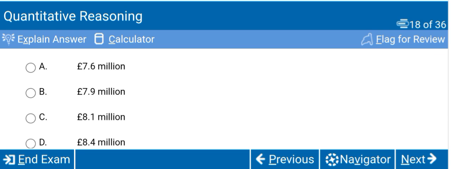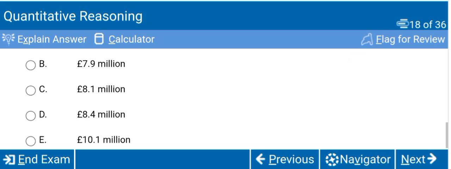Option B, 7.9 million pounds. Option C, 8.9 million pounds. Option D, 8.4 million pounds. And then we have option E, which is 10.1 million pounds. So let's see which option is the correct one.